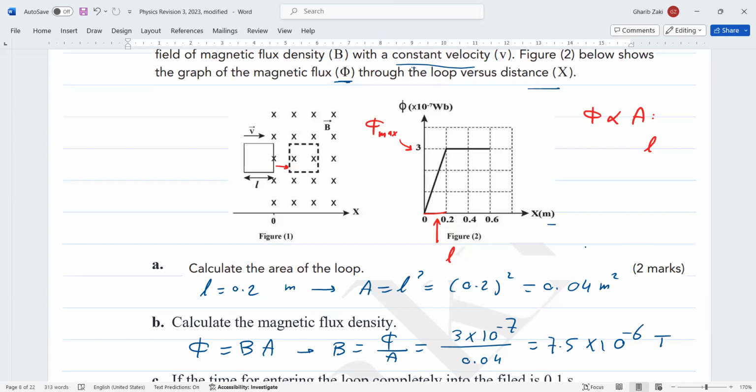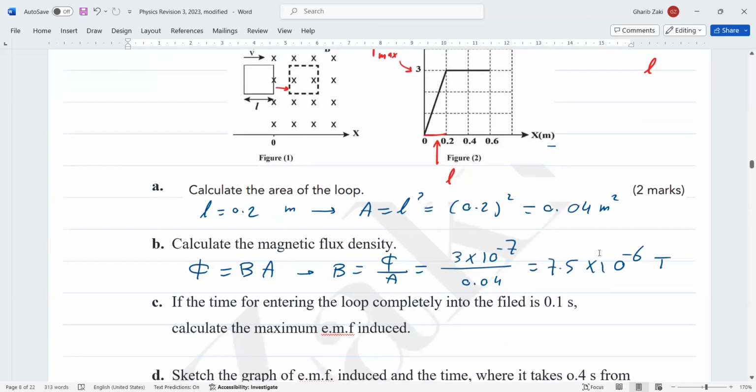Okay, guys? Next question. If the time of entering the loop completely into the field is 0.1, this is the change in time. Calculate the maximum EMF. The maximum EMF is N delta phi by delta T. Now, what is delta phi here by delta T?